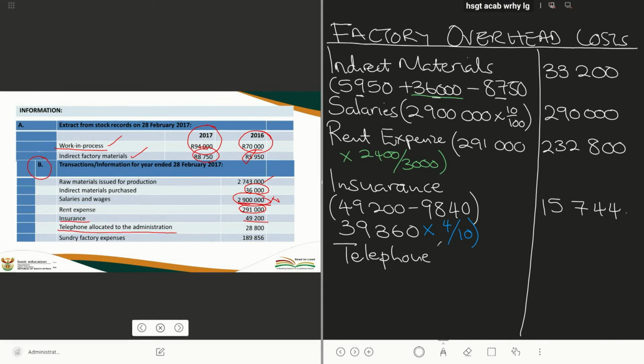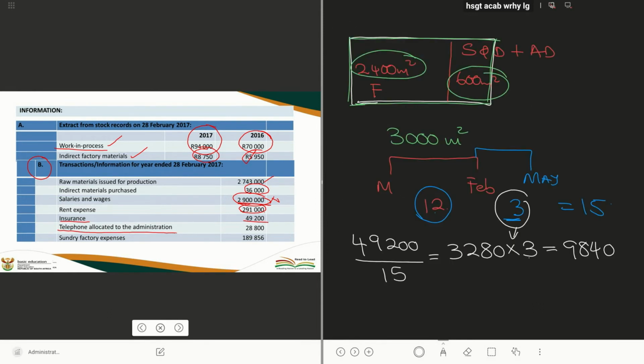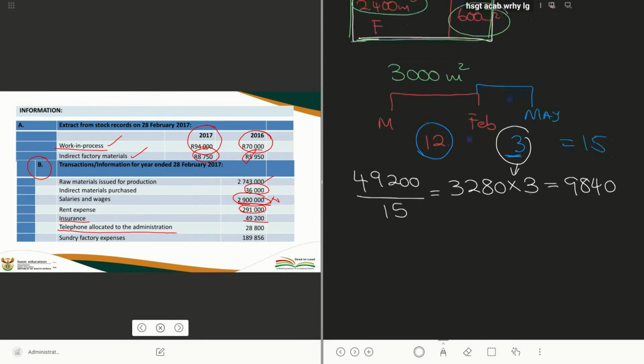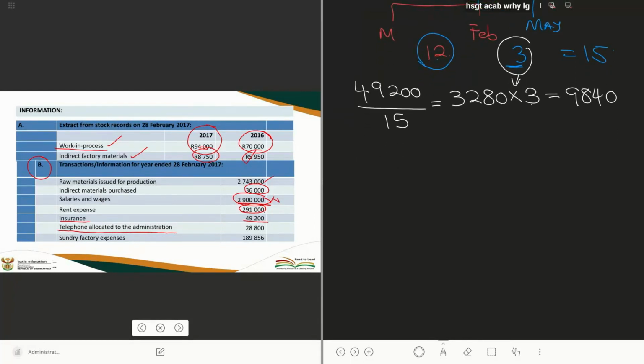And what they've given us is 28.8. And they have said that this 28.8 is an amount which has to go to the administration. Listen to what they say. This telephone amount is allocated to the administration.